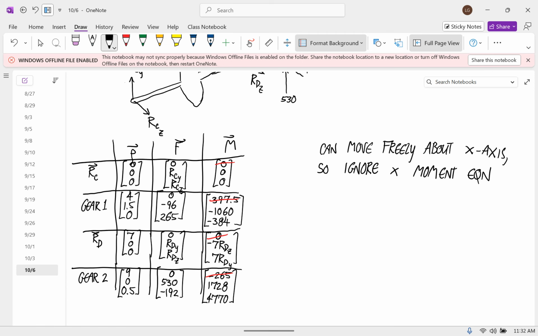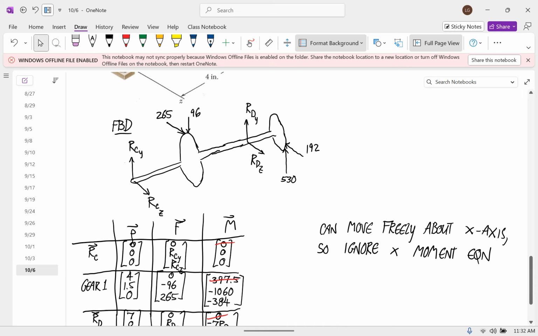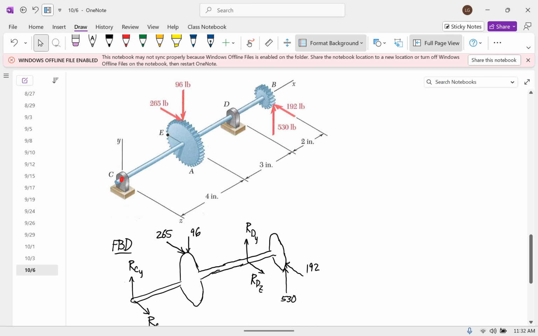Anybody have any questions about that, the thought process there? Yeah. So you would just make all of those 0? I'm not making them 0. I'm just not using that equation. Because if we added these moments up and set them equal to 0, we'd get some number equal to 0. That obviously is impossible.